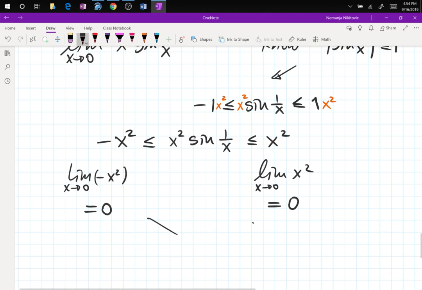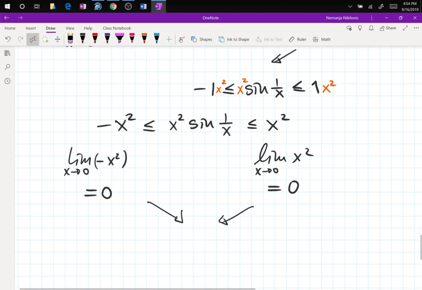So these two together will tell us that the limit of x squared sine of 1 over x, which is trapped in between, also must be 0 because the squeeze theorem said so. Depending on which book you read, you will have the name either called the sandwich theorem or the squeeze theorem. Either way, that's what it is.